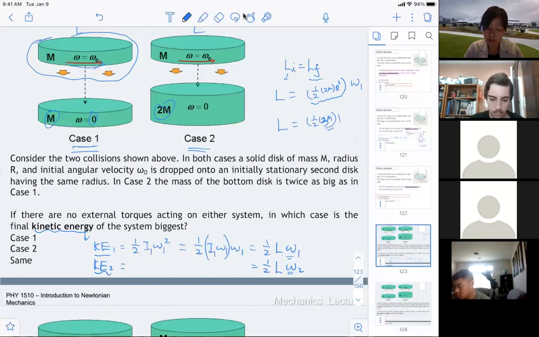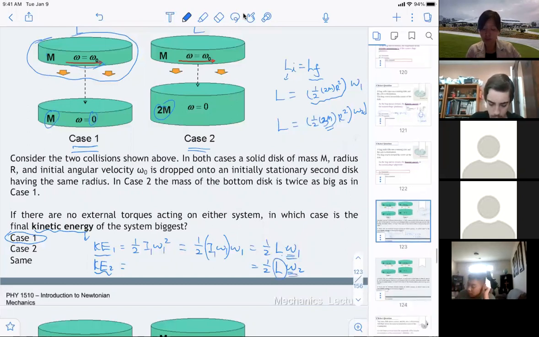So the total mass is bigger. Omega 2 is going to be smaller. Very good. So as a consequence of that, case 1 will have more kinetic energy. So you can see that is sort of a strategy we use when we try to analyze kinetic energy, by relating it to the angular momentum because that is a constant. So we only need to worry about the part that is changing, that's the omega.